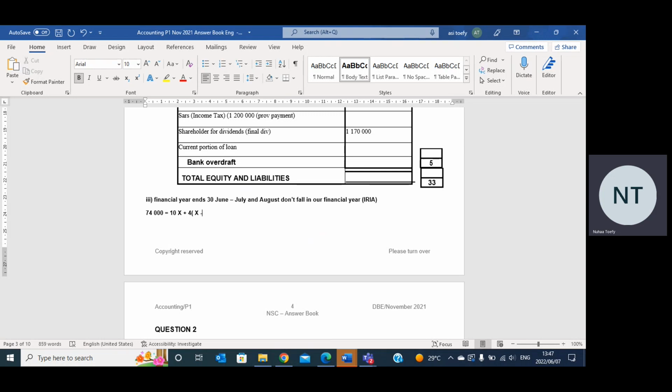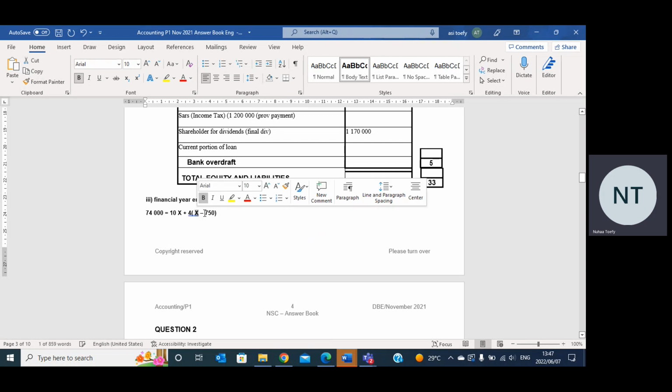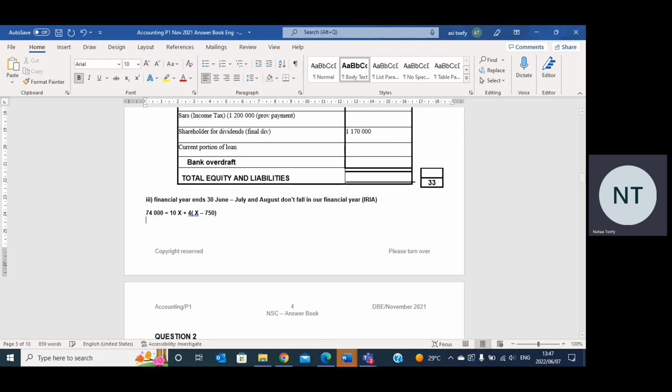If you look at it, they say that reduction. Remember, we always used to work with increases. The rent was increasing. But in this case, they actually got a reduction of 750. So they got the monthly amount of rent minus 750. And I mean, you can solve for X. I think everyone knows how to solve for X by now.